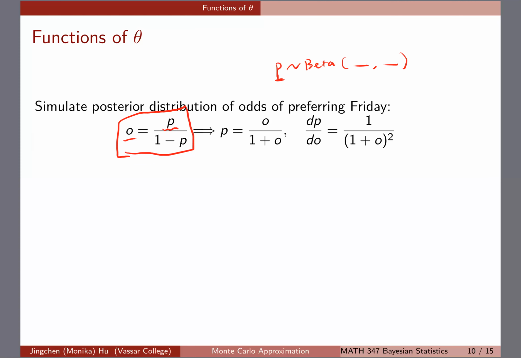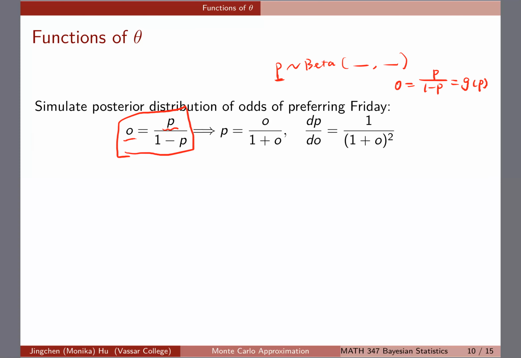So this is the case that O is P over 1 minus P, and that's an example of a function. So O is a function of P, P is the unknown parameter, and now we're doing inference about this function.